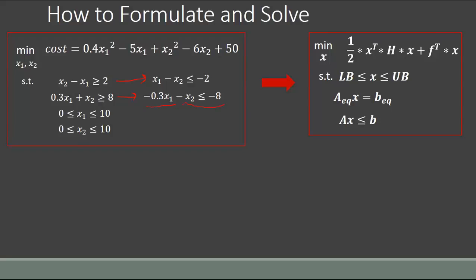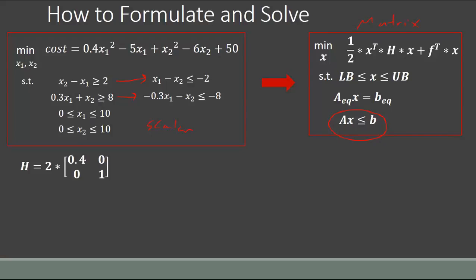So these are equivalent, but we have to put it in this form where we're only using this less than or equal to constraint. So we're trying to go from this scalar form to this matrix form.